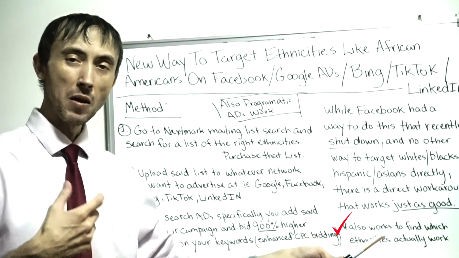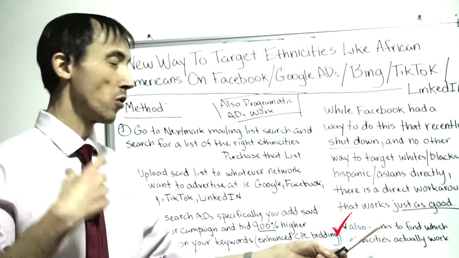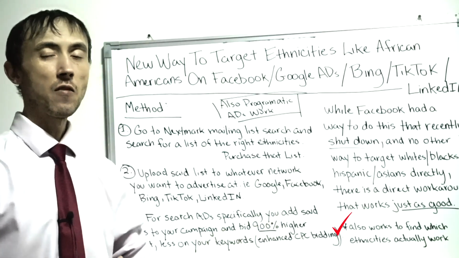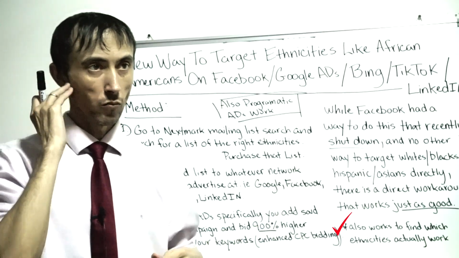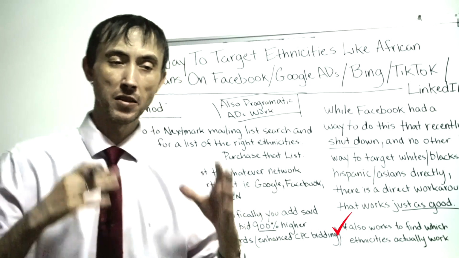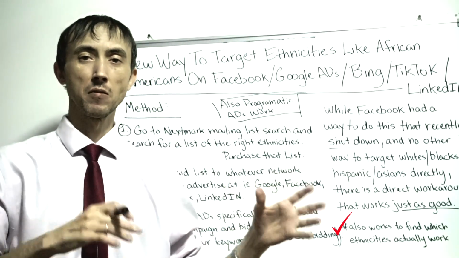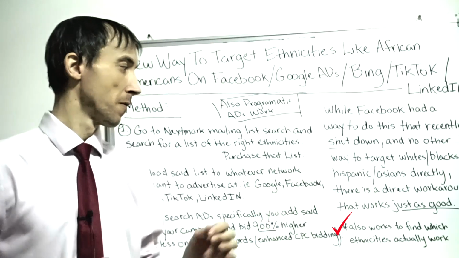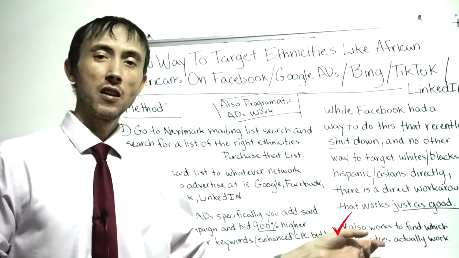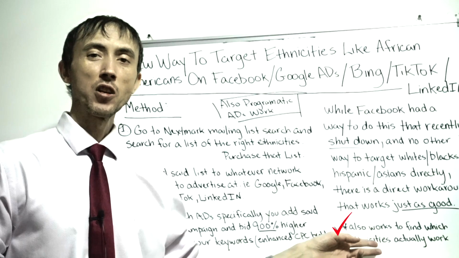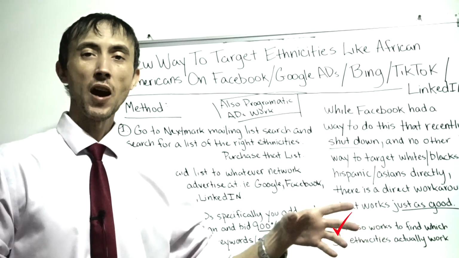But before I do so real quick, you could target certain ethnicities even if you don't have a product or service that's supposed to be made for a certain ethnicity, which is one application of this system, if you will. You can use it to find out which ethnicities are more profitable than others.